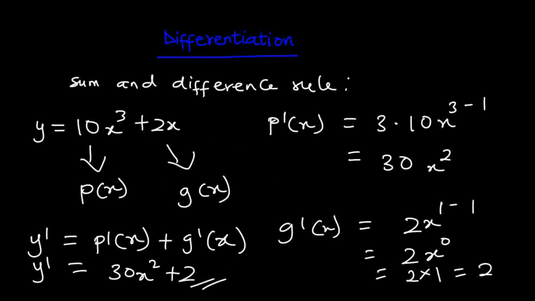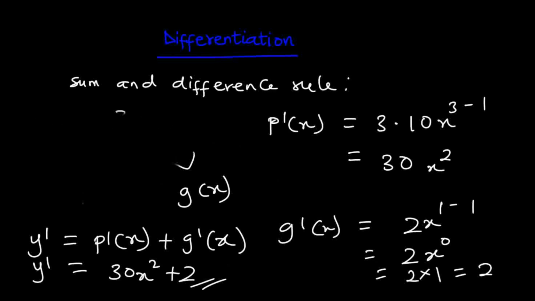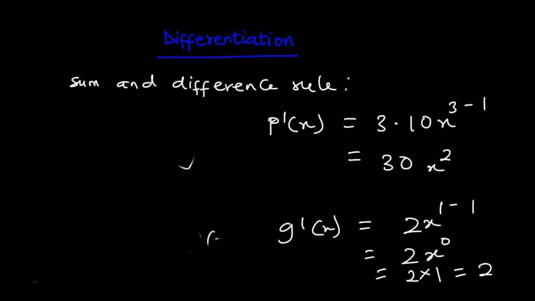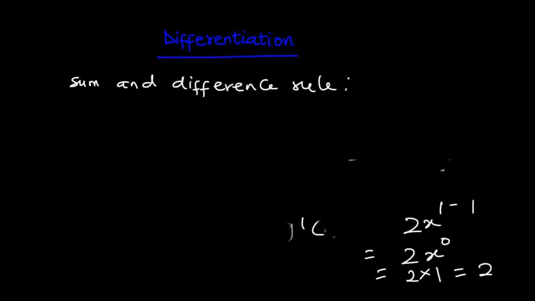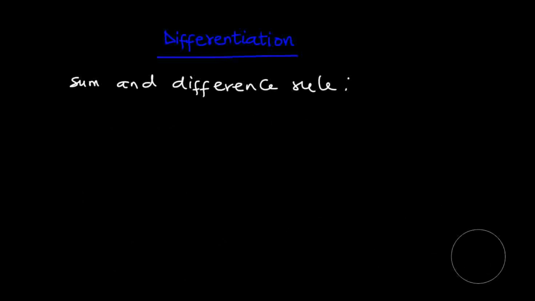Okay, let's take another example. The next example is we have the function f of x equal to x to the power 4 minus 3x to the power minus 3.